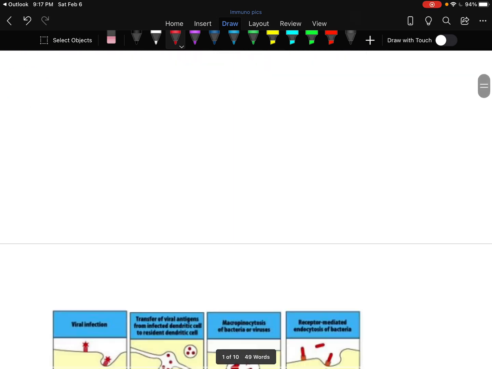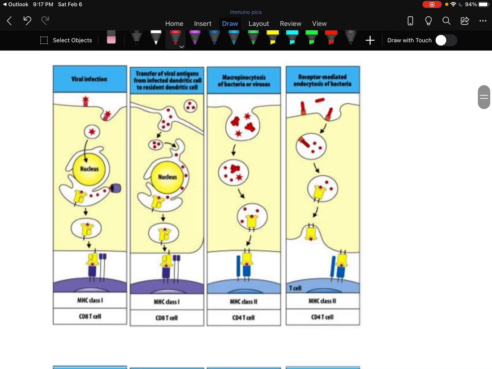Now, there are a lot of different ways of engulfing a virus and presenting it on an MHC complex. These are some examples. The cell could be virally infected, and that would only be for MHC class 1 types of presentation.